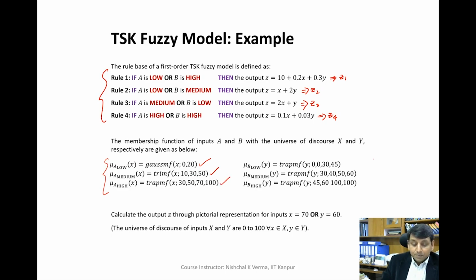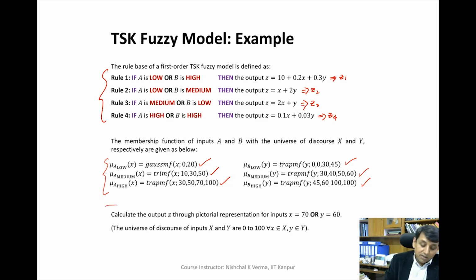Similarly, the input in the antecedent part B is divided into 3 fuzzy regions, represented by fuzzy sets low, medium, high, characterized by the membership functions mu B low, mu B medium, mu B high. And you can see mu B low is trapezoidal, mu B medium is also trapezoidal, mu B high is also trapezoidal.